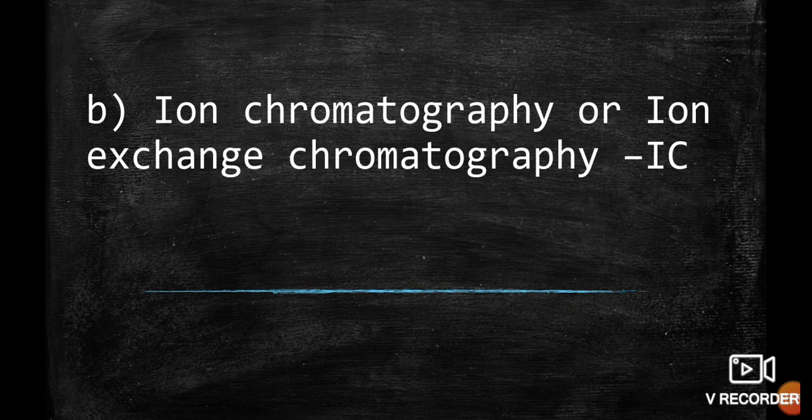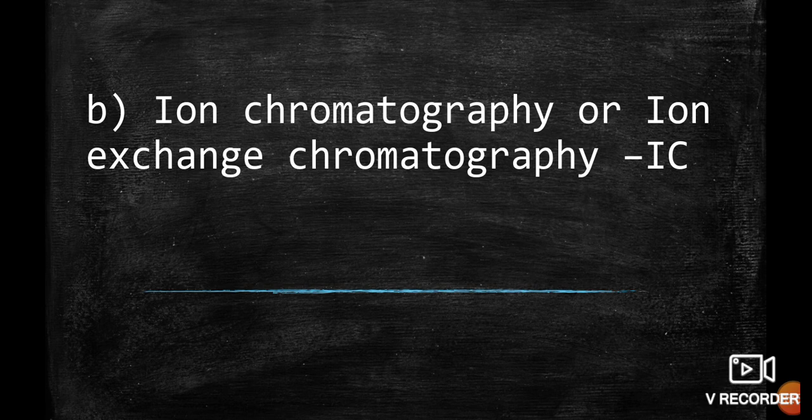Now coming to the second one, which is the ion exchange chromatography or ion chromatography, abbreviated as IEC. Here the mobile phase is a buffered solution, and the stationary phase is made up of ionic sites, which allow the exchange of mobile counter ions with the ions of the same charge present in the sample.